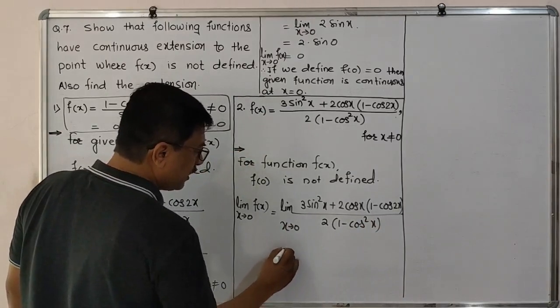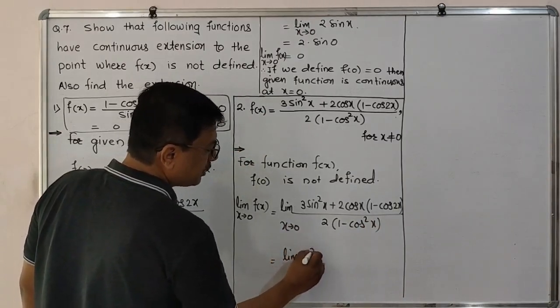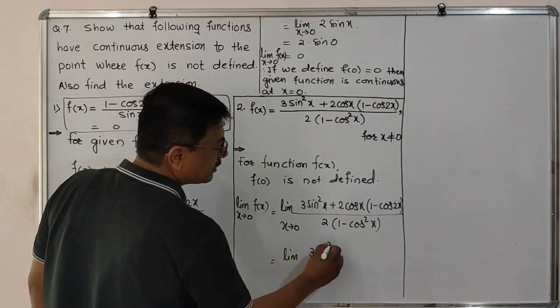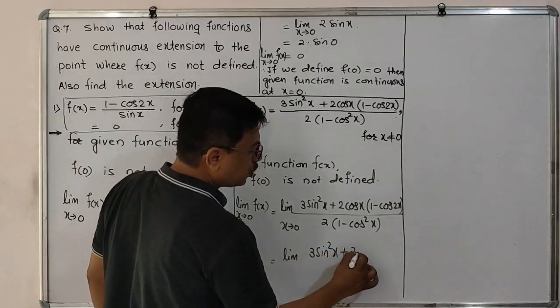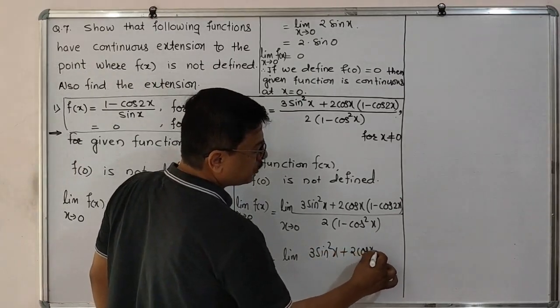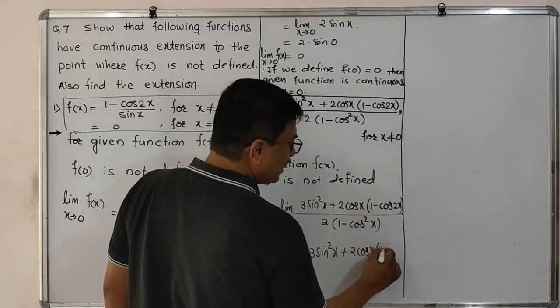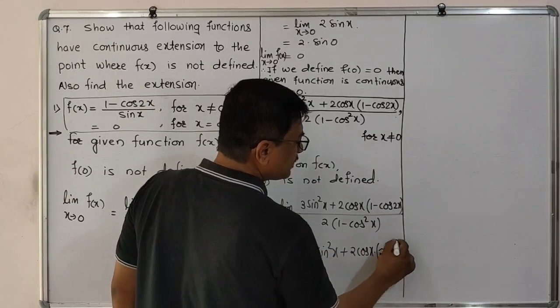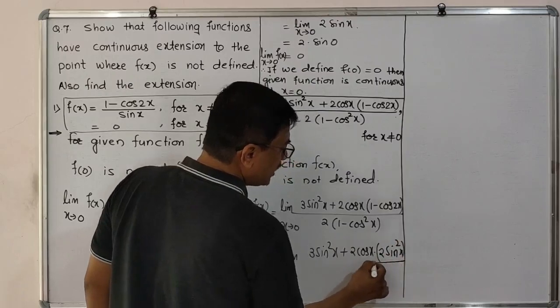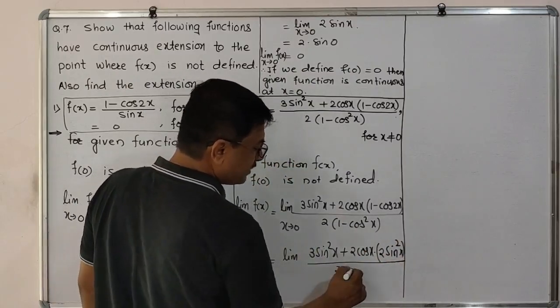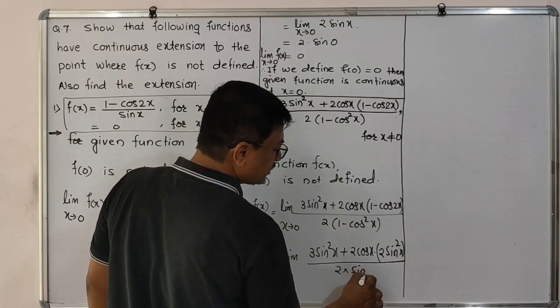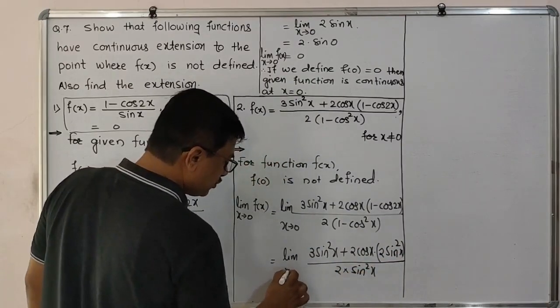That is equal to limit of, keep this 3 sin square x as it is, plus 2 cos x into 1 minus cos 2x, which is nothing but 2 sin square x, divided by 2 into 1 minus cos square x, which is nothing but sin square x, as x tends to 0.